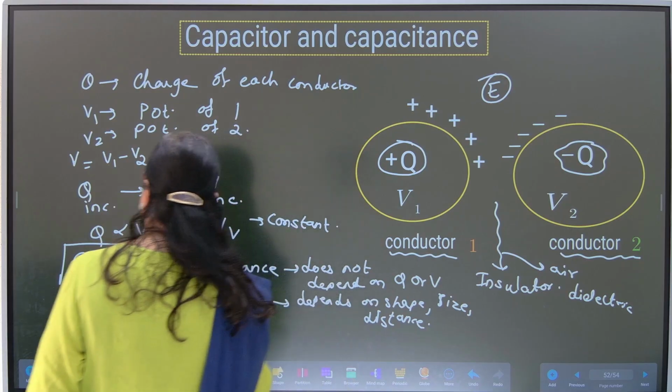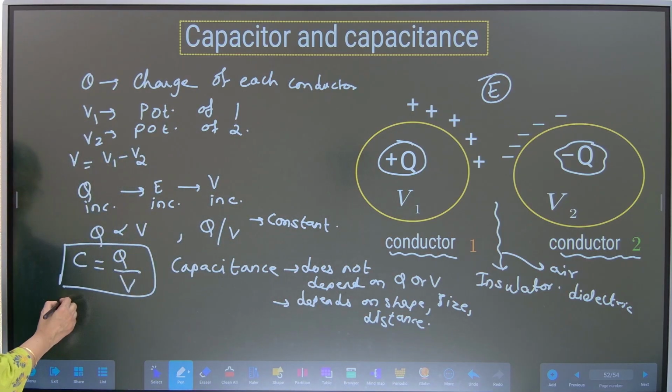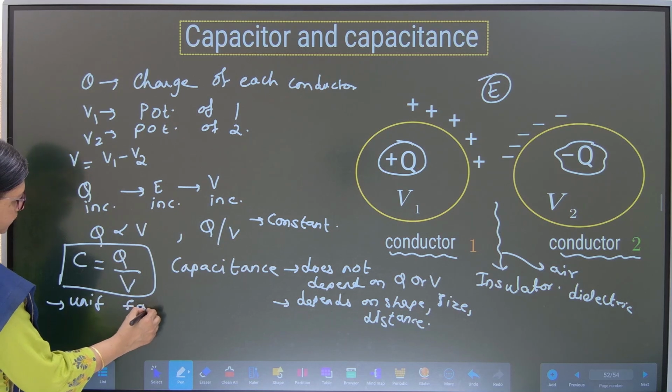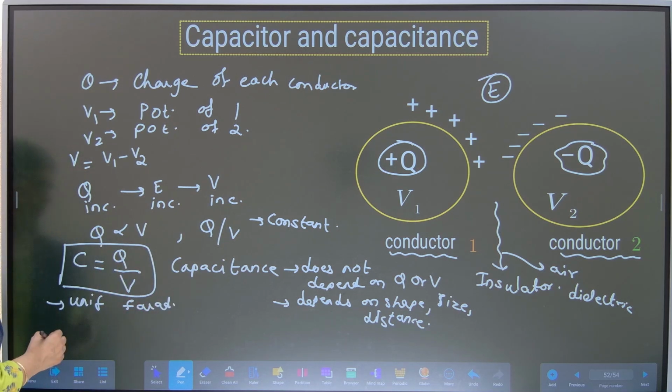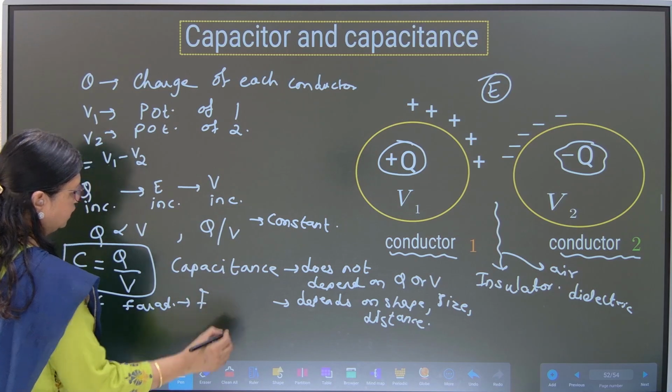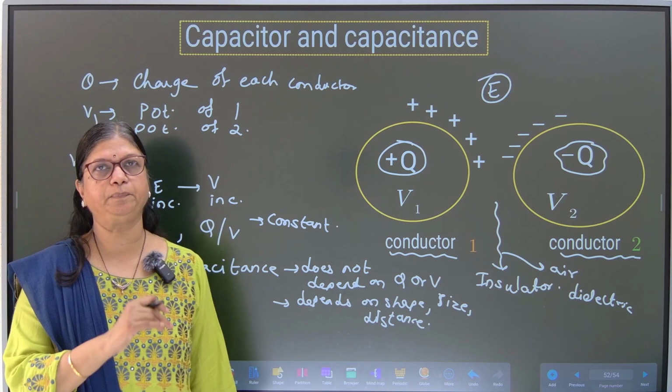And its unit is farad, which I have denoted by F. This I have already explained in the previous page.